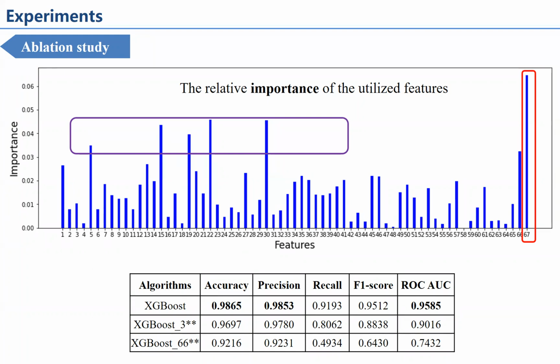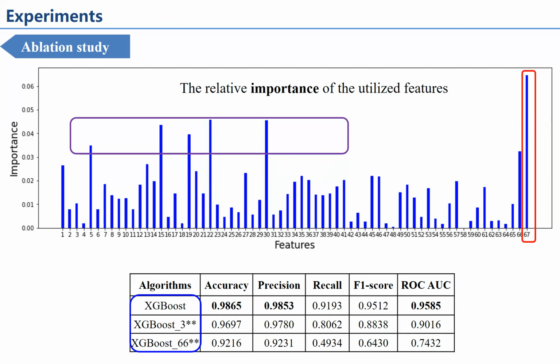Furthermore, in total, 3 XGBoost model variants are tested in the ablation study. XGBoost 3 is the XGBoost model using only the last 3 features, whereas XGBoost 66 means the XGBoost model using the first 66 features without our proposed time interval.